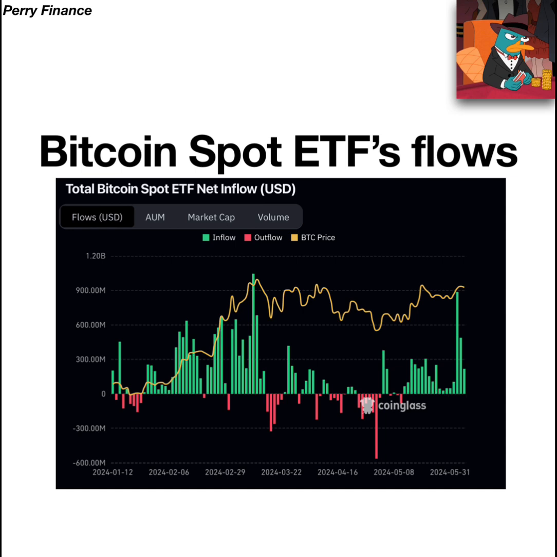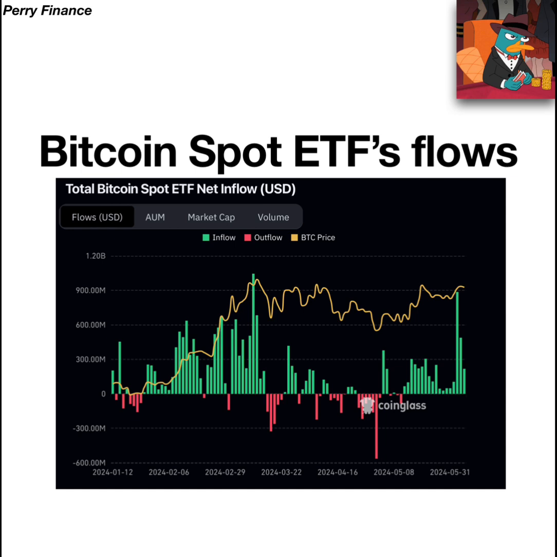A Spot Bitcoin, BTC, exchange-traded fund is a type of investment fund that tracks the spot price of Bitcoin. This means that the fund holds a corresponding amount of Bitcoin to back every share of the ETF, making it a direct investment in cryptocurrency.